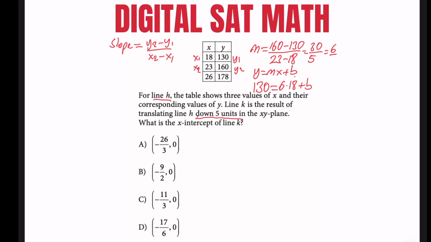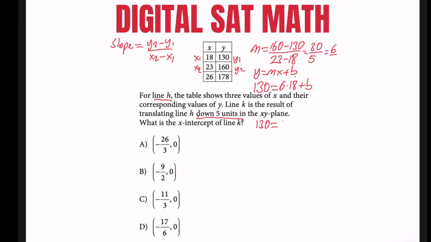So let's multiply 6 and 18. 130 is equal to 108 plus b.